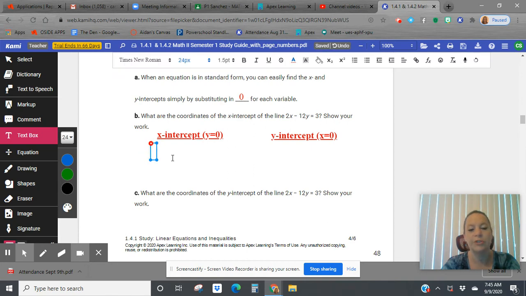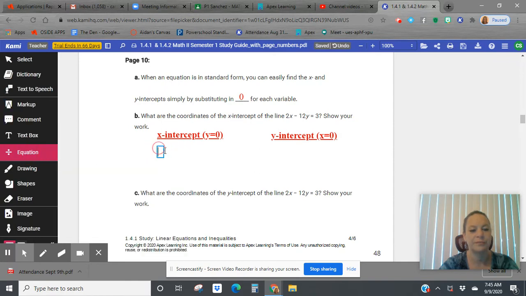So here we go doing an actual test for what would the x-intercept be of this line. So for the x-intercept, the y is 0. So first we're going to just write out the equation: 2x minus 12y equals 3. And in the next step, we're going to make y 0. 2x minus 12 times 0.